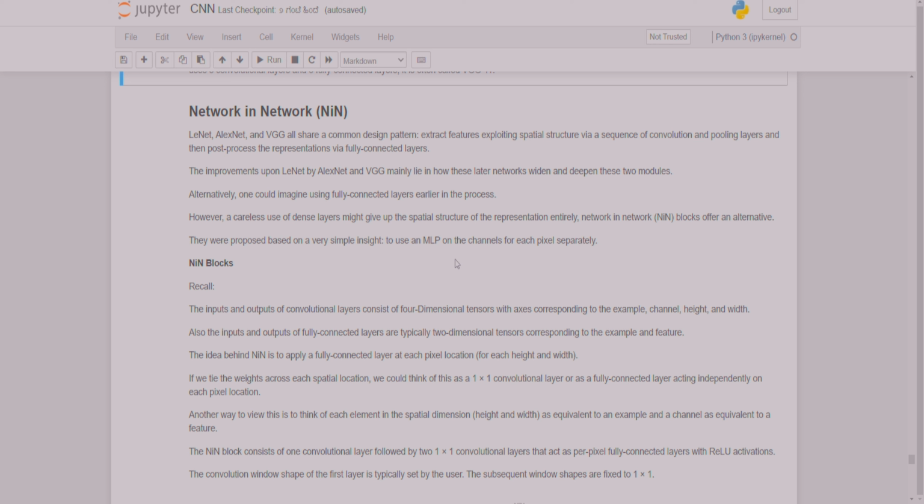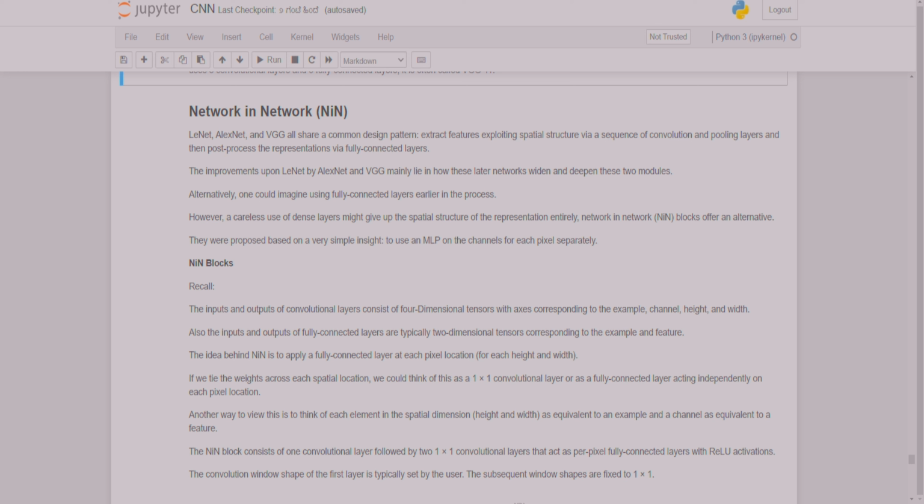So far we have seen LeNet, AlexNet, as well as VGG, wherein the design pattern was to give an image as input and extract the features of the data by means of a convolution layer followed by a pooling layer and various representations of that. You may use a convolution followed by convolution, again convolution, and then a pooling layer.